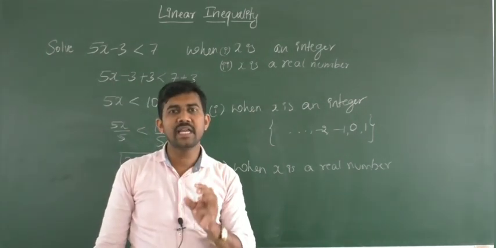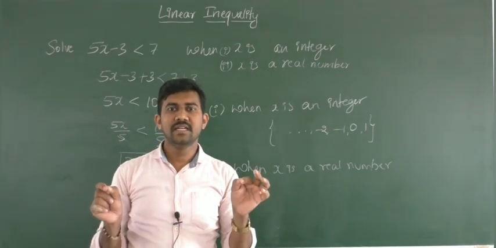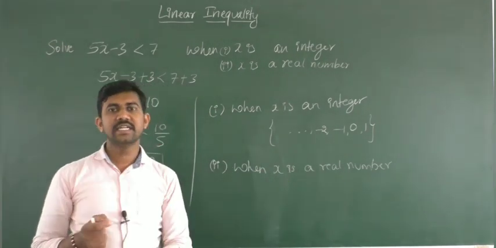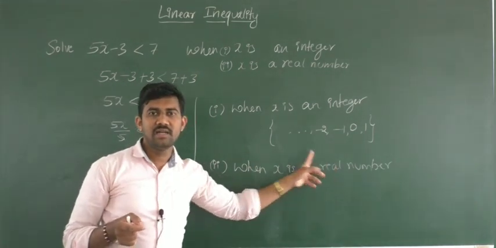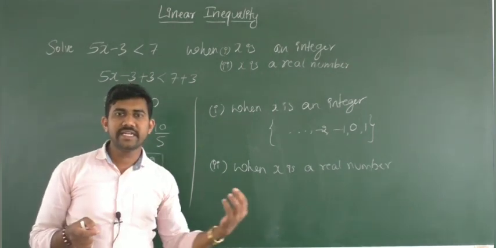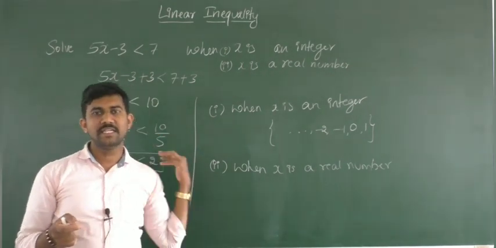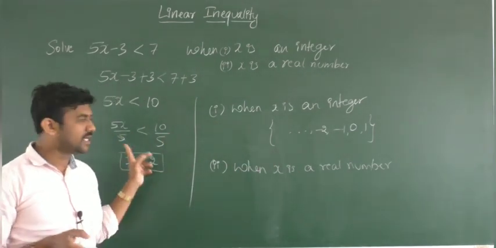If x is a real number, then we can't list out all the elements in the set, so we have to write the set in interval form. Since x is a real number, the x value is less than 2, so x can take all real numbers less than 2. X is a real number less than 2 means what?